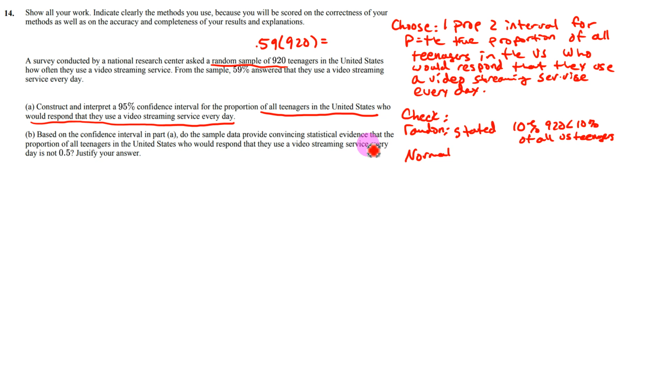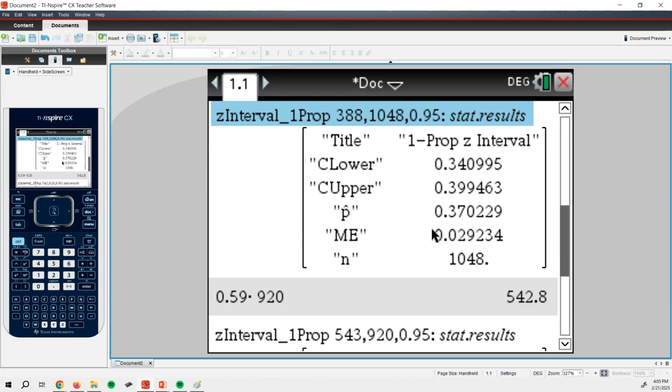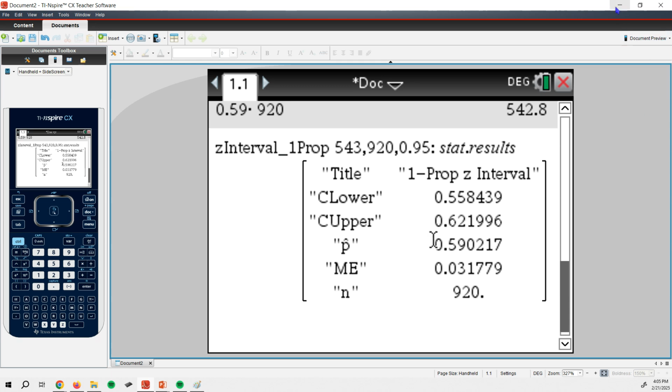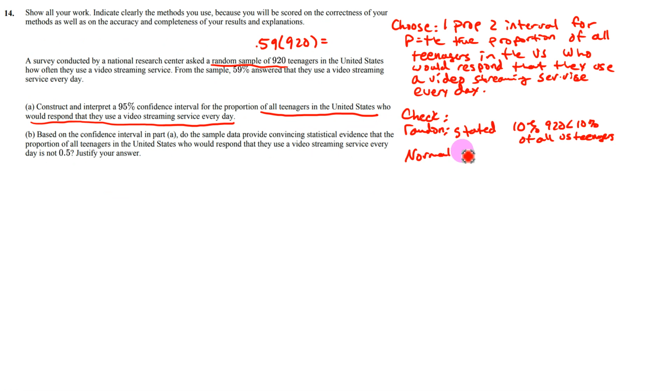We just used it in the calculator: 542 at least. Normal: 542 and 920 minus 542, which is 378, are both greater than or equal to 10. So there's our conditions.